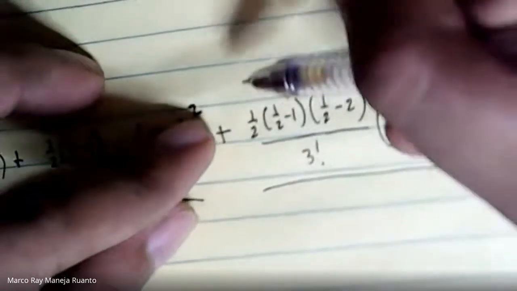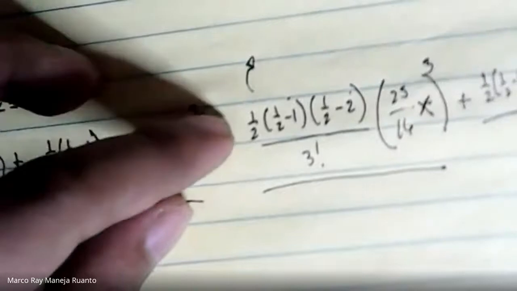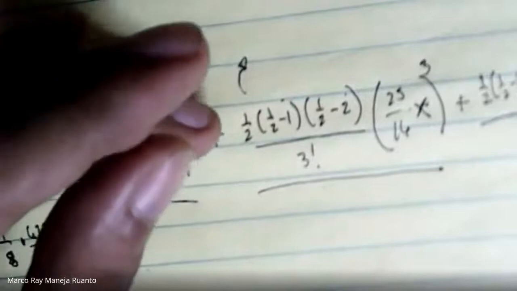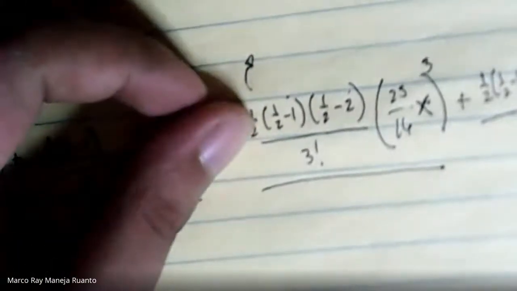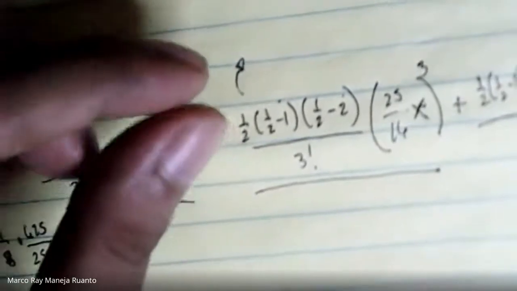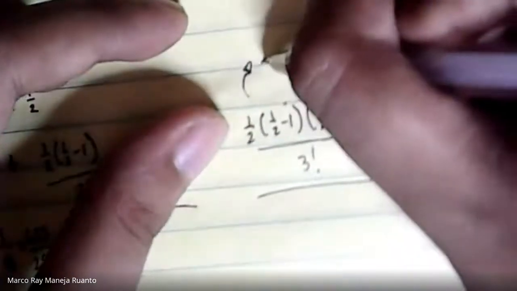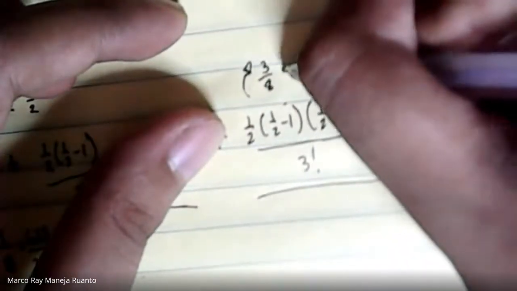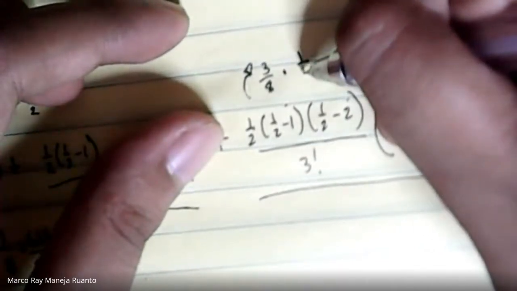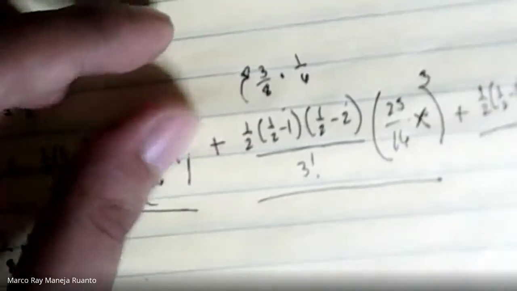This is 1/2 times negative 1/2, that is negative 1/4, times 3 halves, so that would be positive 3/8. So we have positive 3/8 times 1 over 6, which gives 1 over 16, plus 1 over 16.